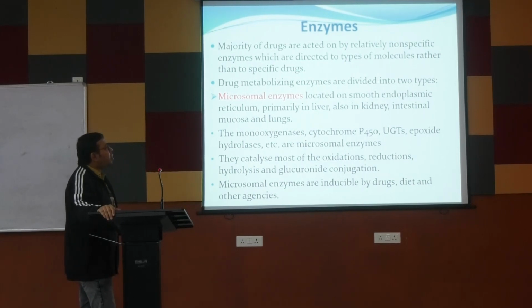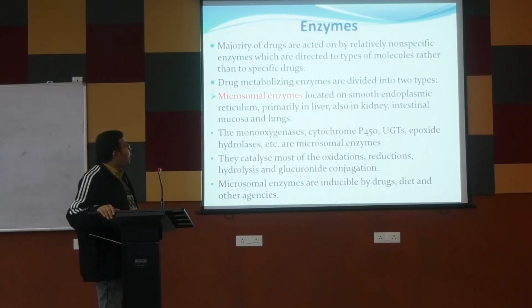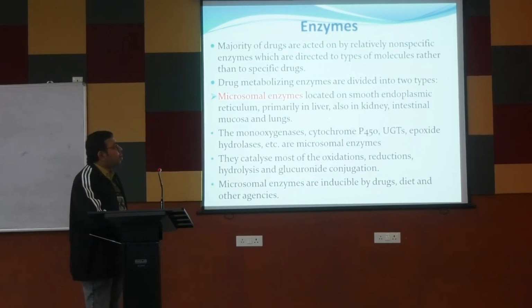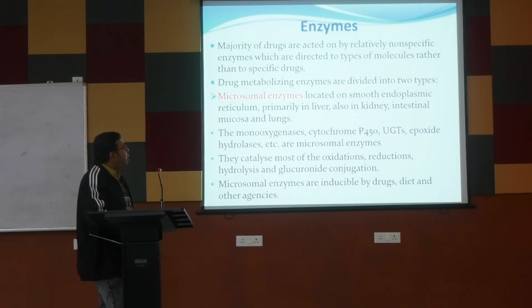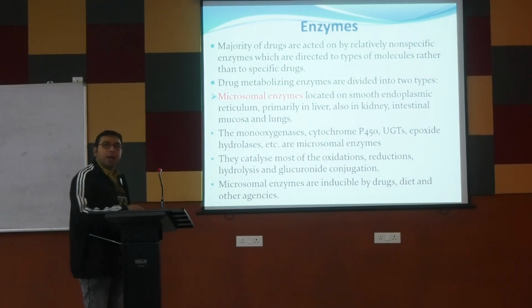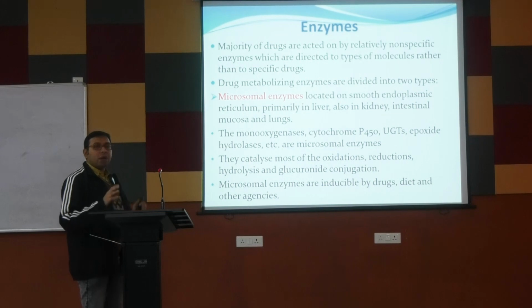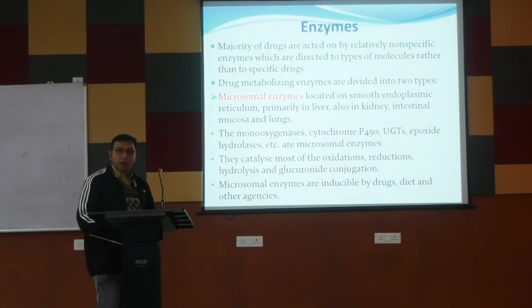So these drug metabolizing enzymes can be divided into either microsomal or non-microsomal. Microsomal enzymes are located on the smooth endoplasmic reticulum, primarily in the liver, kidney, intestinal mucosa and the lungs. And the cytochrome P450 enzyme ultimately belongs to these microsomal enzymes. Okay. So cytochrome P450 ultimately is a microsomal enzyme.